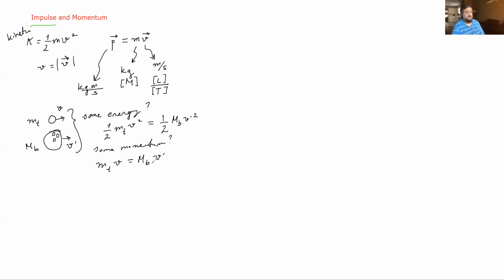So let's say if MB is 20 times greater than MT, I don't know the exact numbers now, I'm just making this up. Suppose the bowling ball is 20 times heavier than the tennis ball.